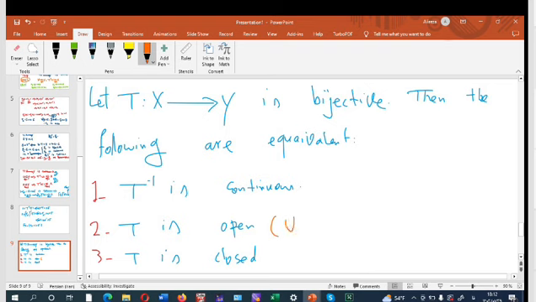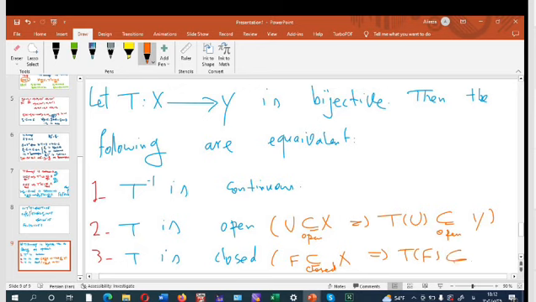If U is an open subset of X, then T of U is an open subset of Y. And the definition of a closed function is this: if F is closed in X, then T of F is closed in Y. Okay, closed in Y.